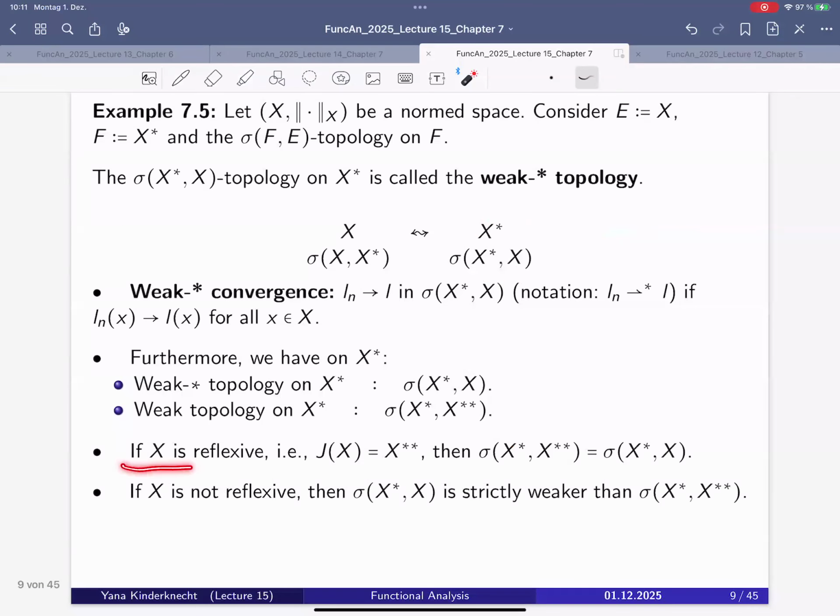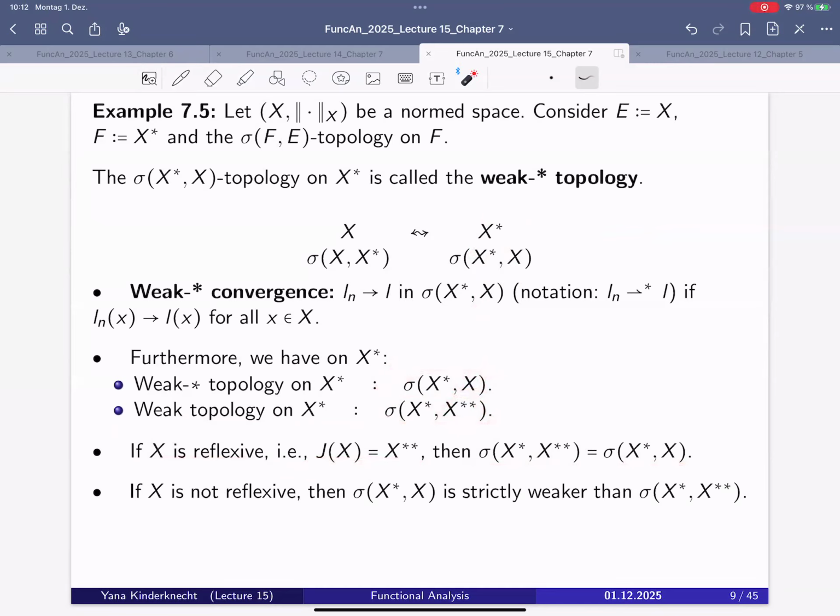So if X is reflexive, that is, the canonical mapping of X into X double star is onto, then the weak topology on X star is the same as the weak star topology. Once again, we have two topologies here on X star, but since X double star and X are related in this way in the case of a reflexive space, these are the same topologies.